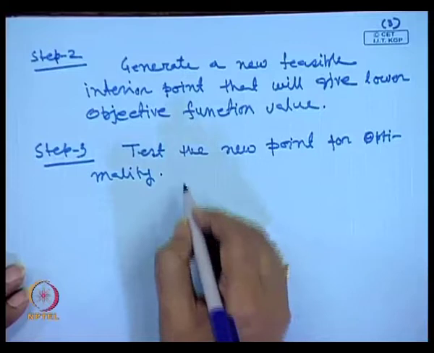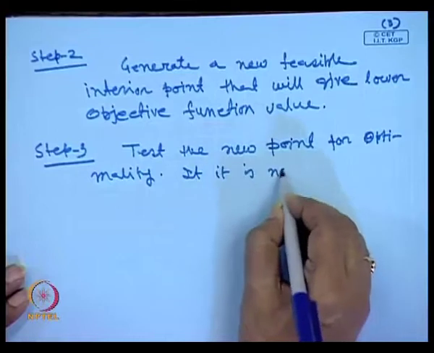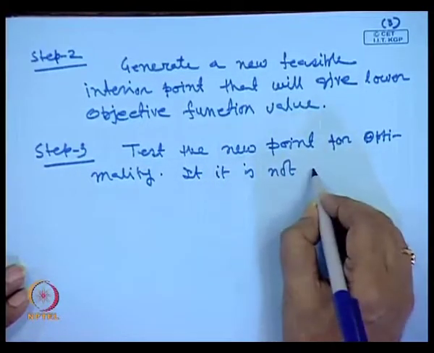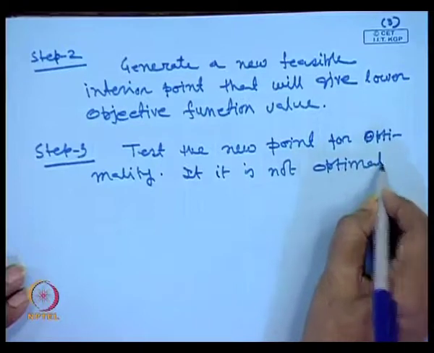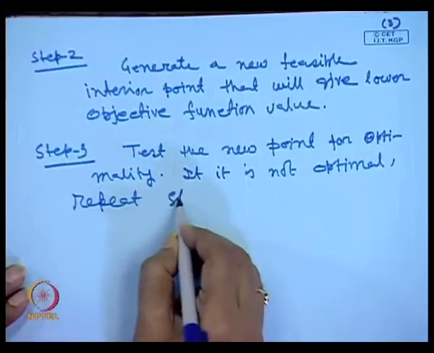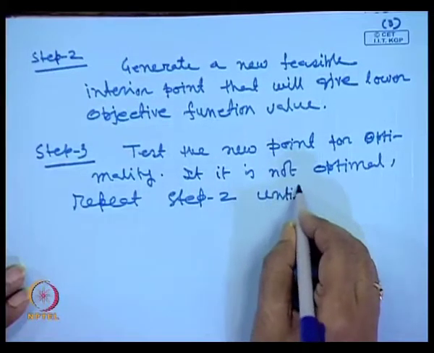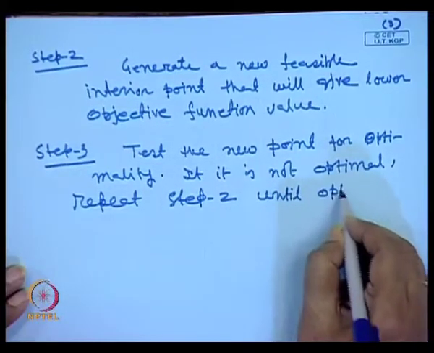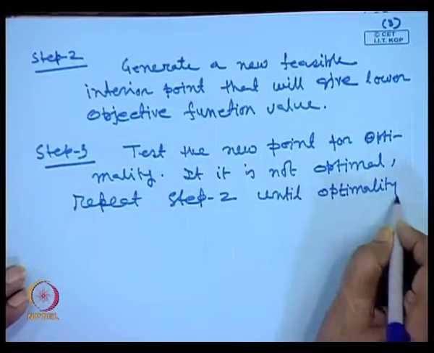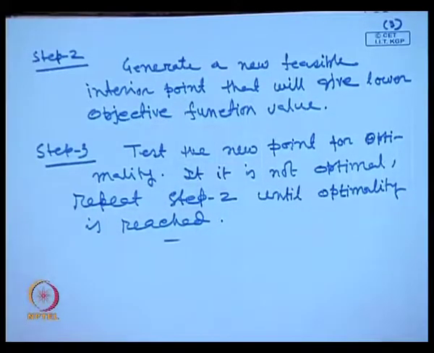If it is not optimal, repeat step 2 until optimality is reached. So, these are the 3 basic steps that we will adopt for interior point methods.